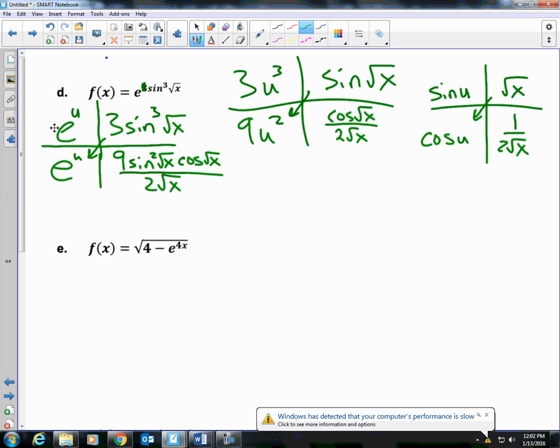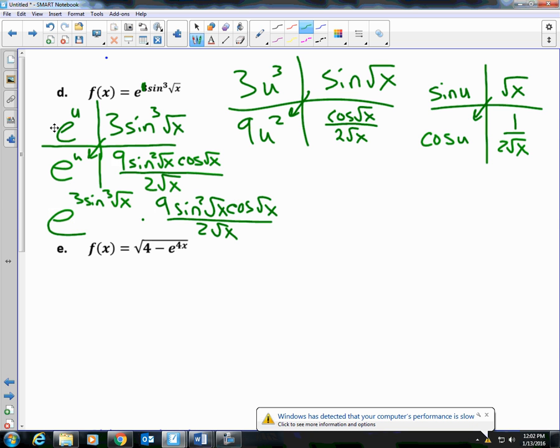And now I will multiply this by this, right? So we have e to the 3 sine cubed of the root of x times that 9 sine squared root of x cosine of the root of x over 2 roots of x.